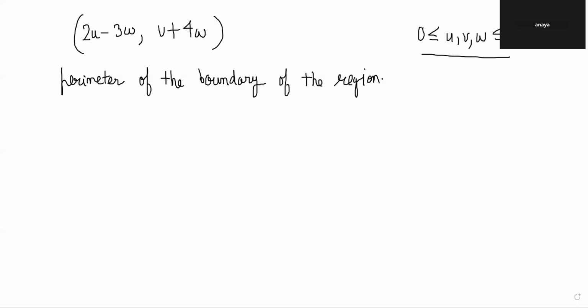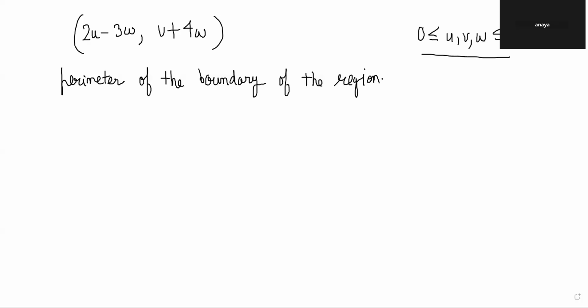Basically, you will have to take lots of cases and roughly find all of the points that could come. If you take U, V, and W as 0 and 1, the extreme cases should give you a rough idea of the kind of shape it will be.